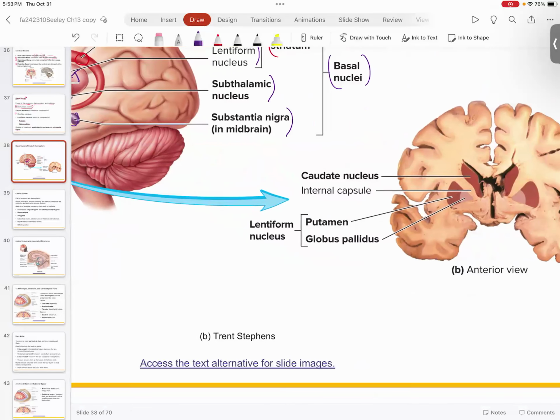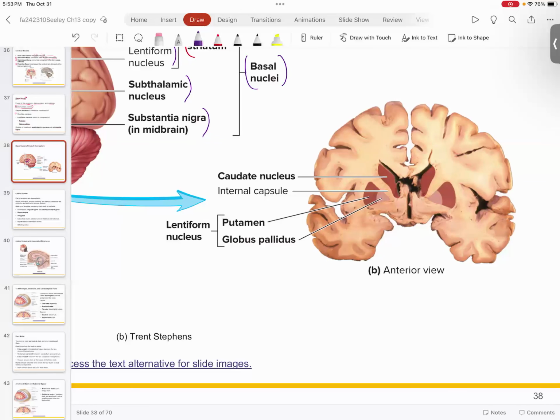And that's motor control. So if you take a coronal view, you can see also the way that it's organized. So basically, if you take a look at this, you'll see the caudate nucleus on either side. The lentiform nucleus, which is then composed of the two pieces.